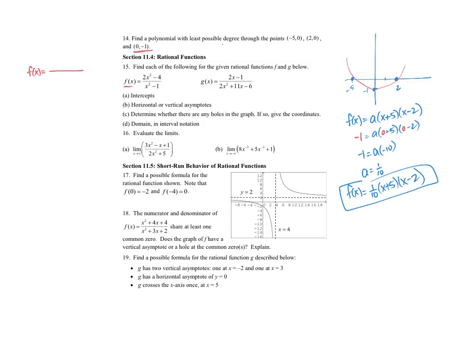At the top, I can pull a 2 out of everything, and then I'll have x squared minus 2. And on the bottom, I have x squared minus 1, which can factor to (x + 1)(x - 1). And this one, I can pull out the 2, and then factor this as a difference of squares, (x + root 2)(x - root 2).